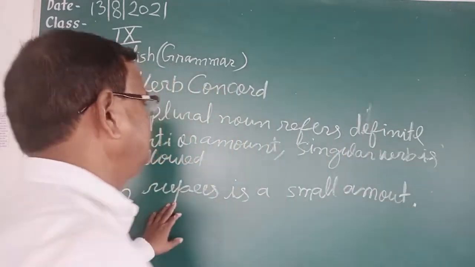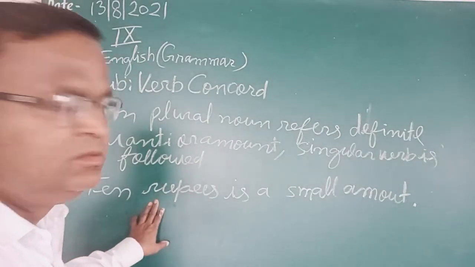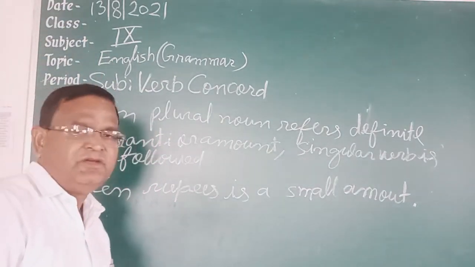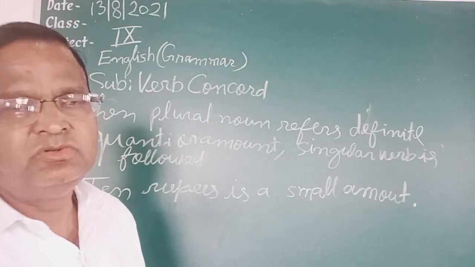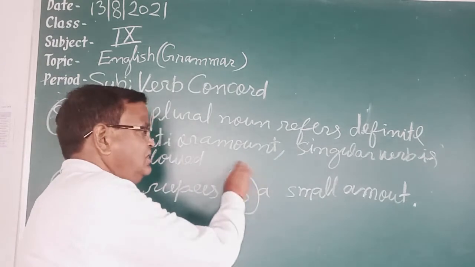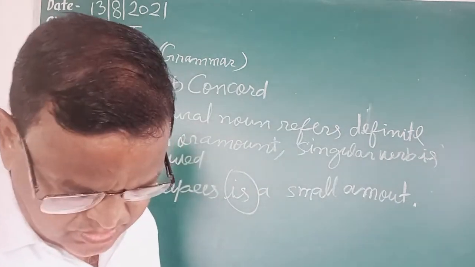This rule says that when a plural noun refers to a definite amount, the singular verb is followed. Just like has is followed, are has not been written.